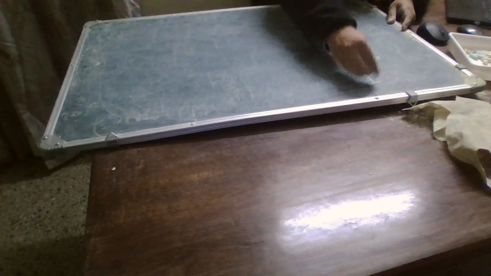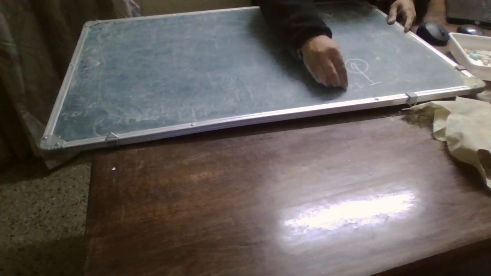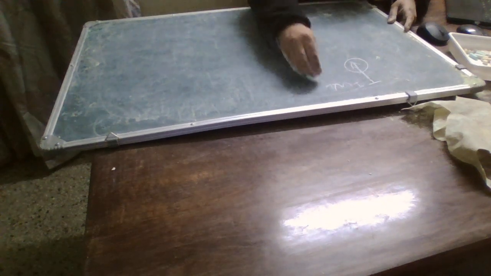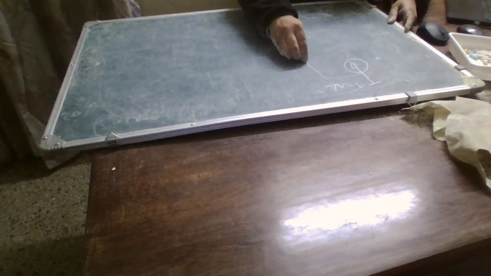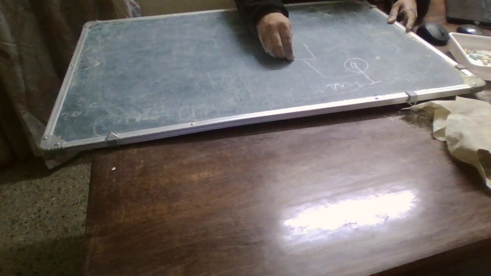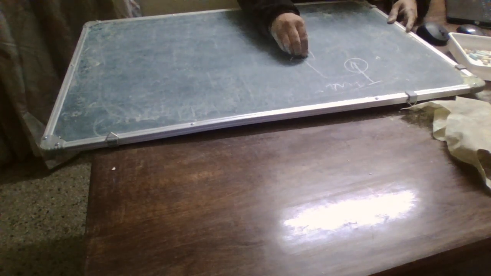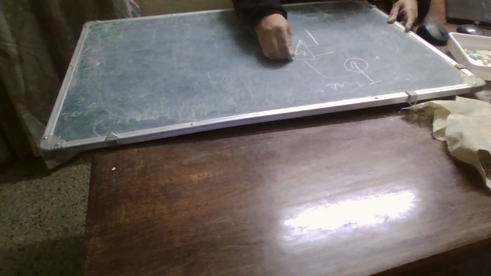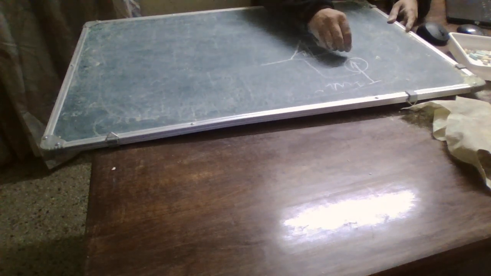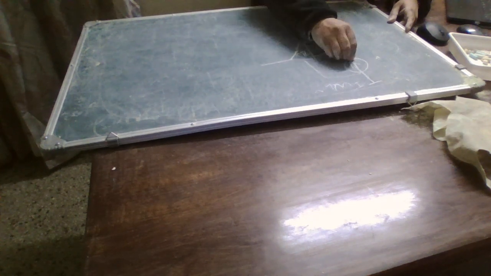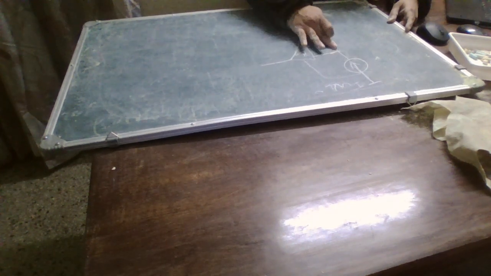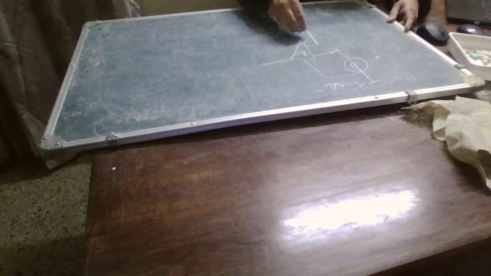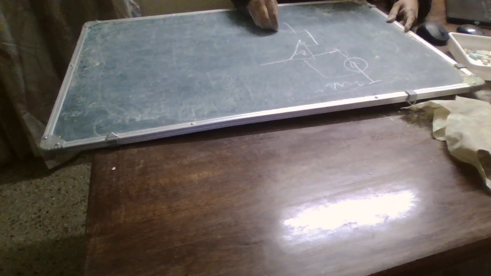We have a current source here, I UVLO. We have a Schmitt trigger here, and one more, an OVLO Schmitt trigger here.